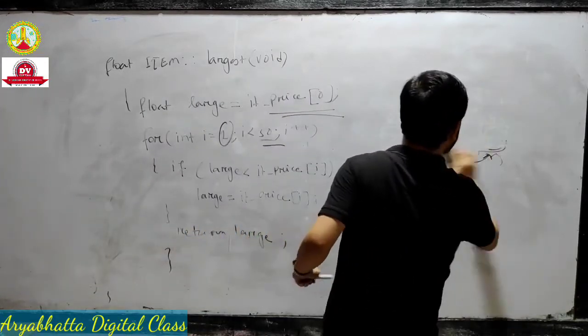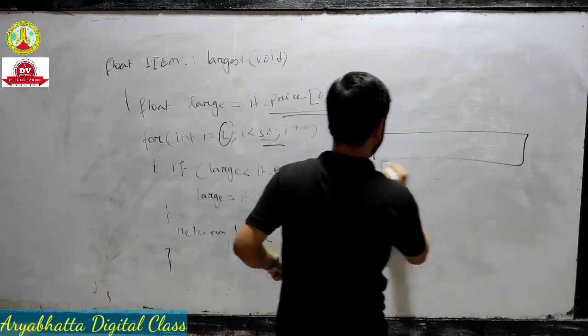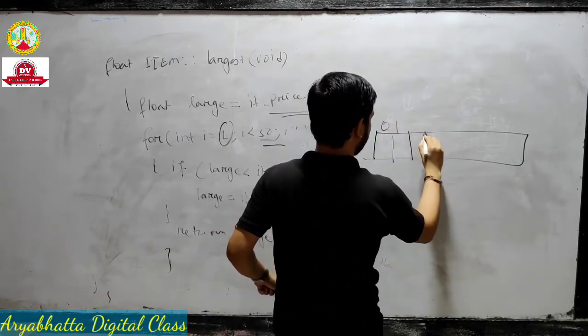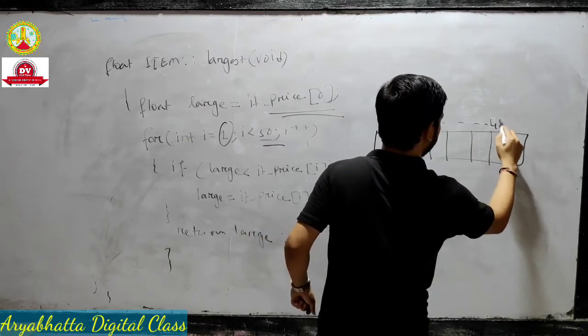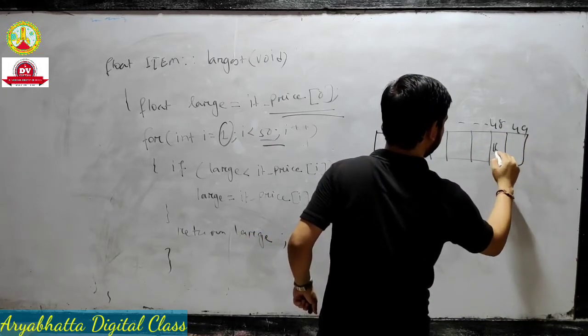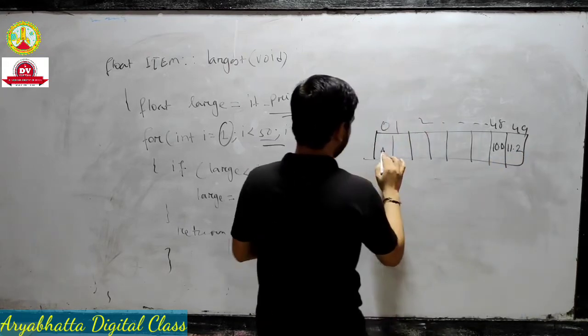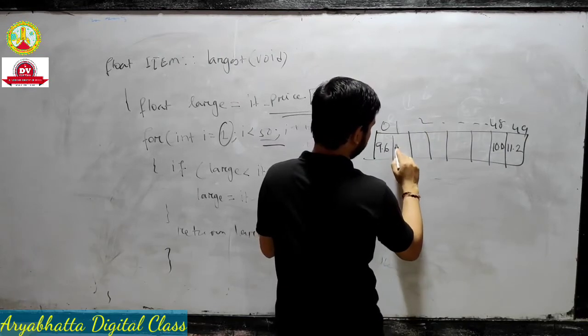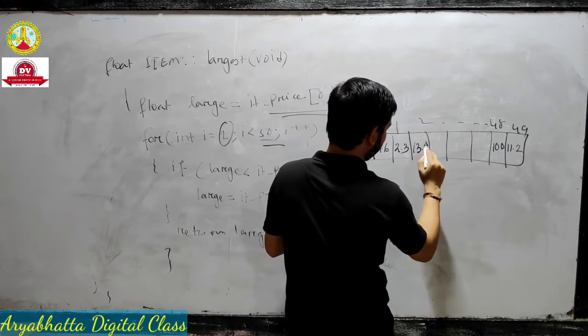Again I will tell you one another condition. Suppose index 1, 2, and this is suppose index 49, 10.0 and 11.2, and the first one is suppose 9.6, 2.3 and 13.7.